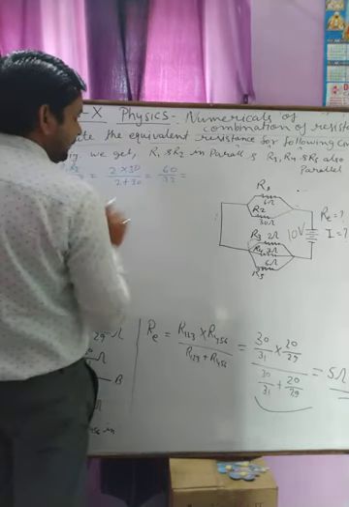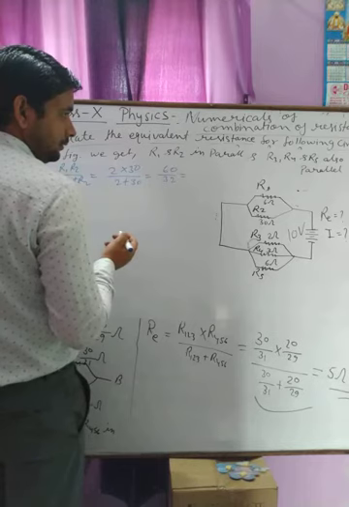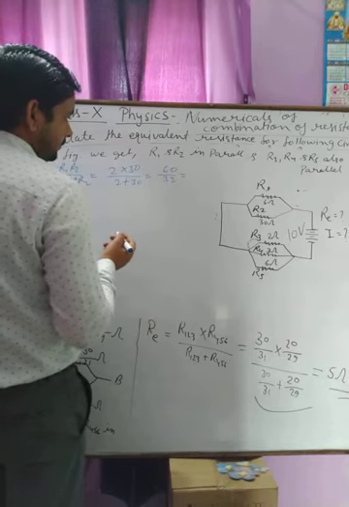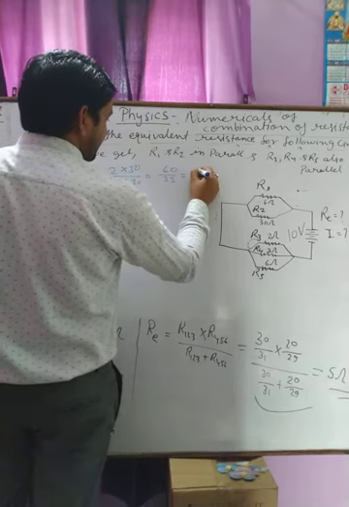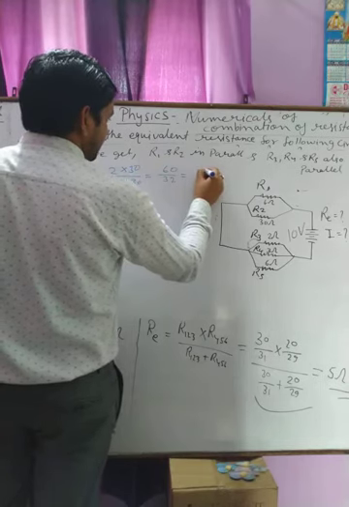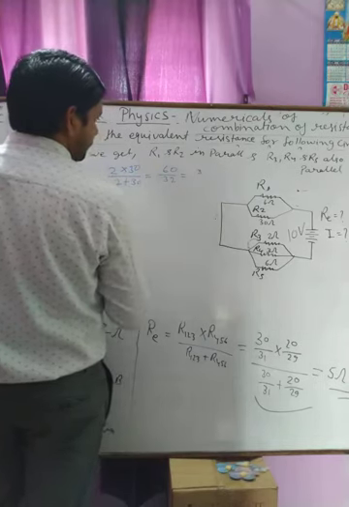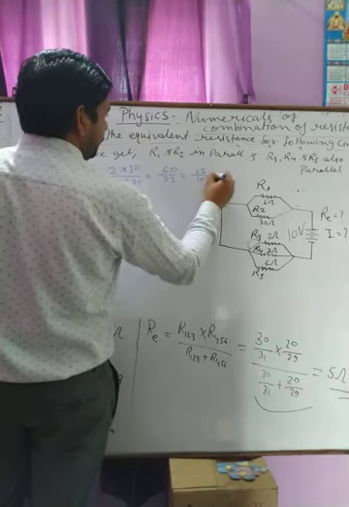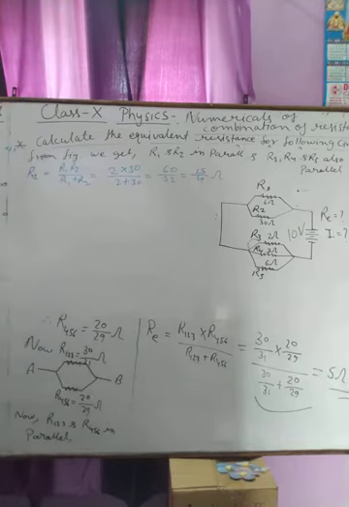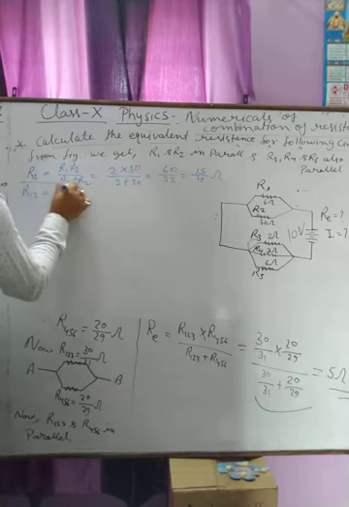Now this is cancelled by 4, that is 15 upon 4 ohm. Okay, therefore R12 is equal to 15 upon 4 ohm.